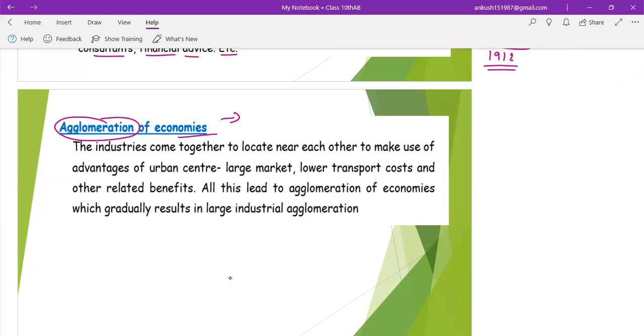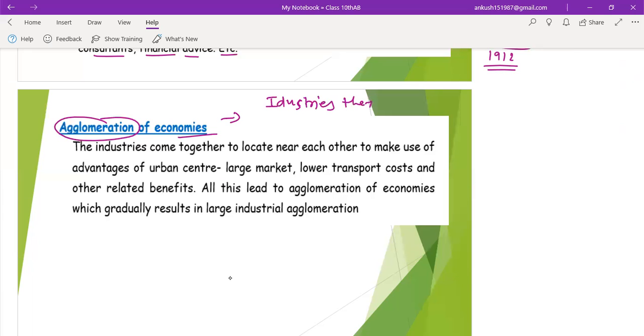You all live in a particular city, and you might have heard the name industrial area, where most of the industries come together.